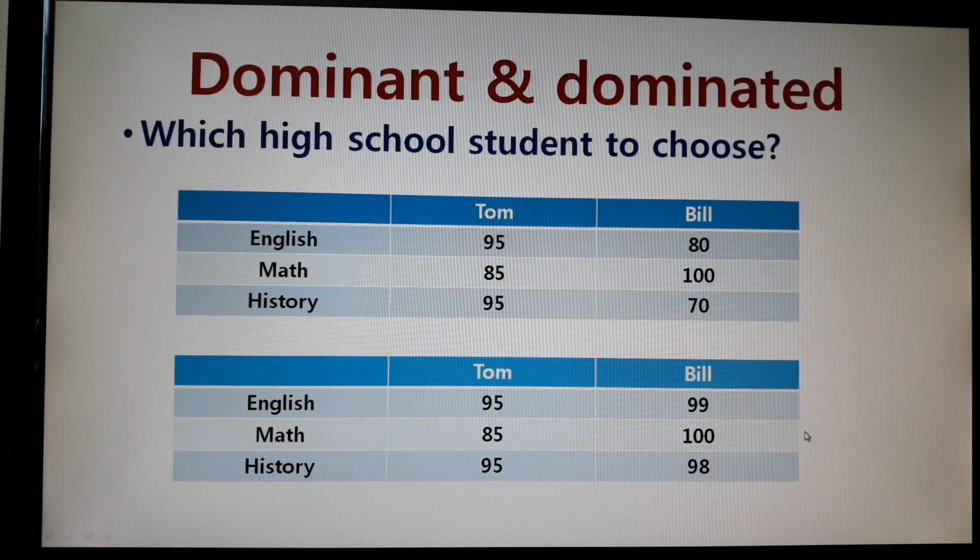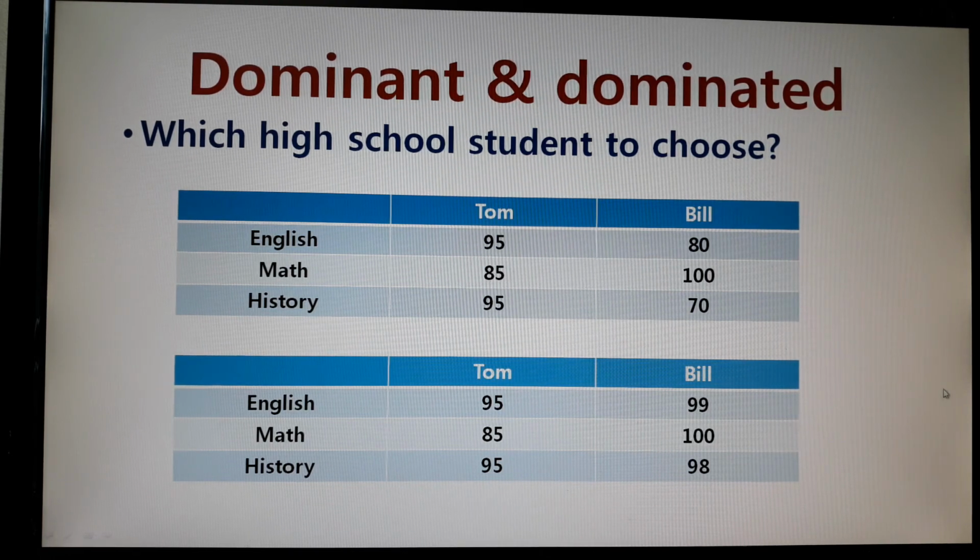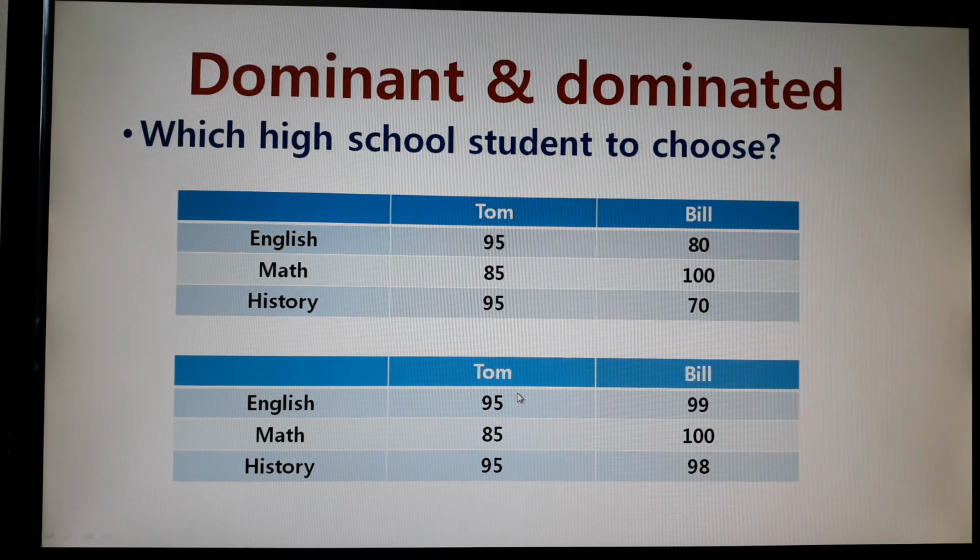What about dominated? Here, Tom is not as good as Bill, but Tom is better than Jim, Tom is better than Peter, and things like that. Still, Tom is dominated. What I mean is, in order to be dominant among 20, you should be better than the other 19. But for dominated, you don't have to be worse than the other 19.